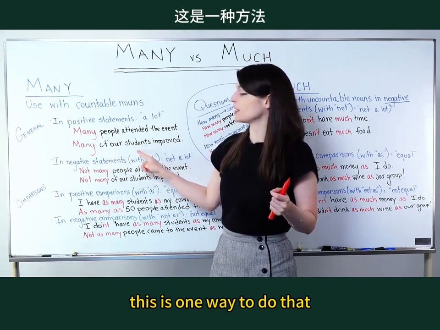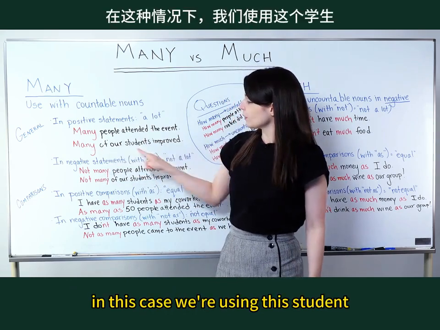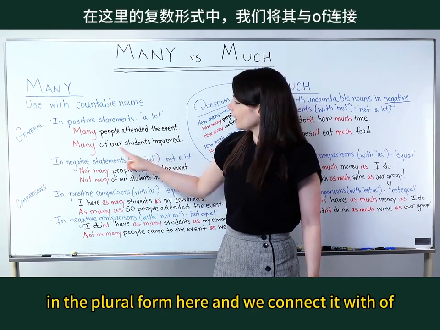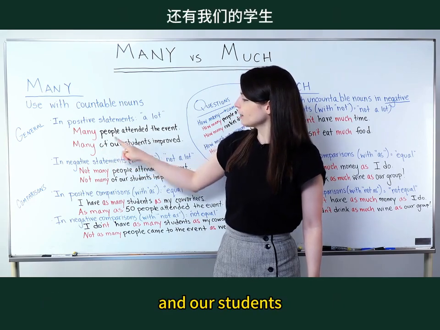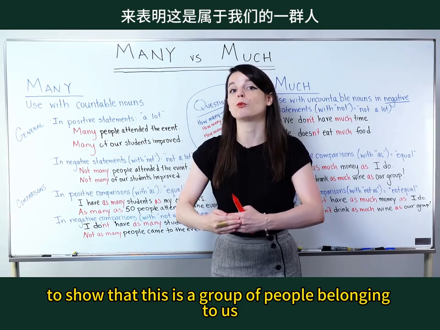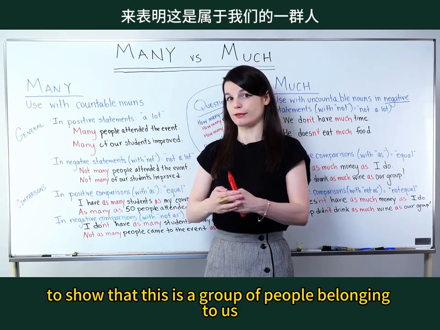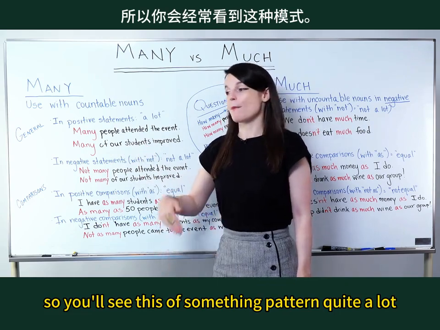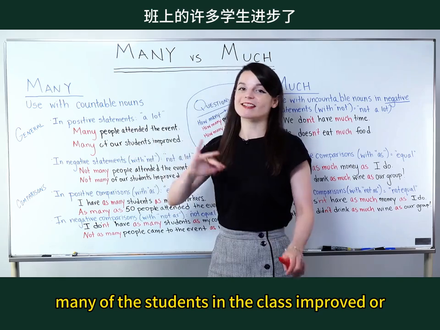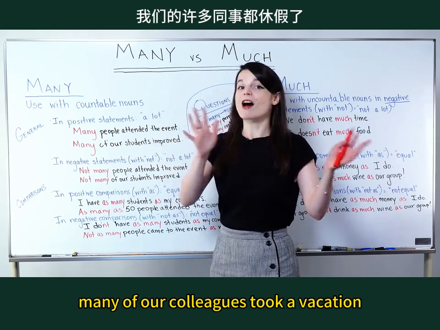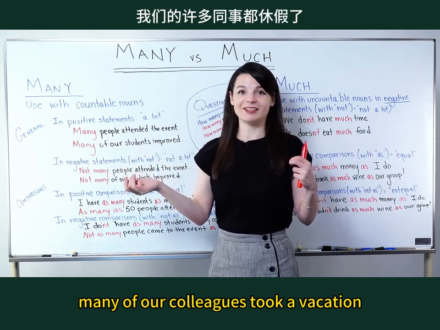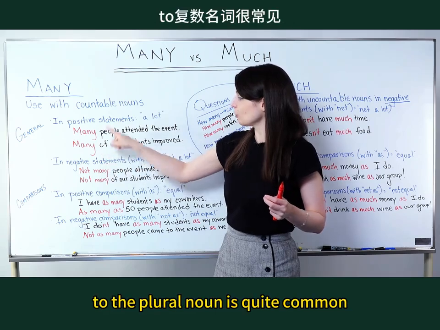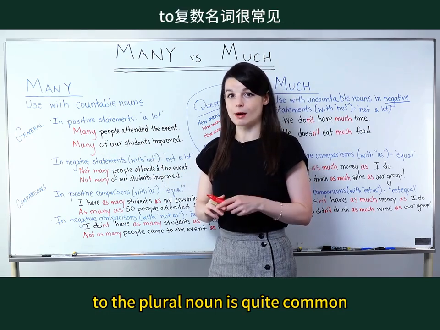In this case, we're using student in the plural form, and we connect it with of and our to show that this is a group of people belonging to us. So you'll see this of something pattern quite a lot. Many of the students in the class improved, or many of our colleagues took a vacation. So using that of to connect many to the plural noun is quite common.